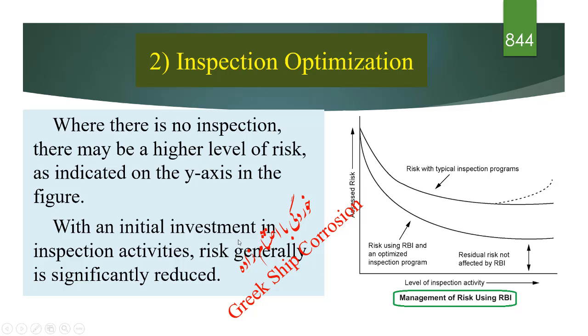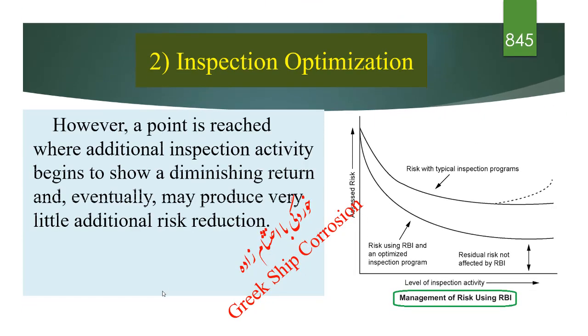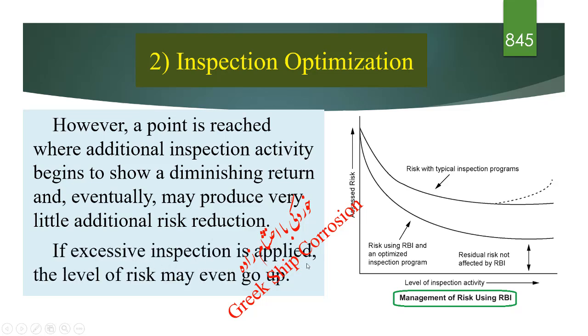With an initial investment in inspection activities, risk generally is significantly reduced. However, a point is reached where additional inspection activity begins to show a diminishing return and eventually may produce very little additional risk reduction. If excessive inspection is applied, the level of risk may even go up.